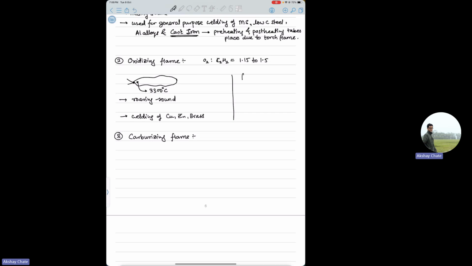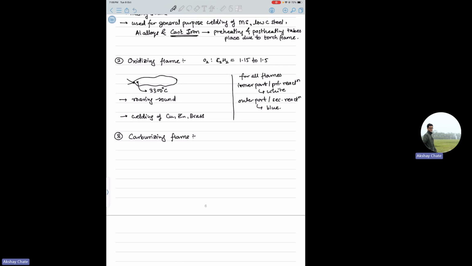So for all flames, the inner part, or primary reaction part, is white, and the outer part, or secondary reaction part, is blue in color. But in carburizing, what happens?